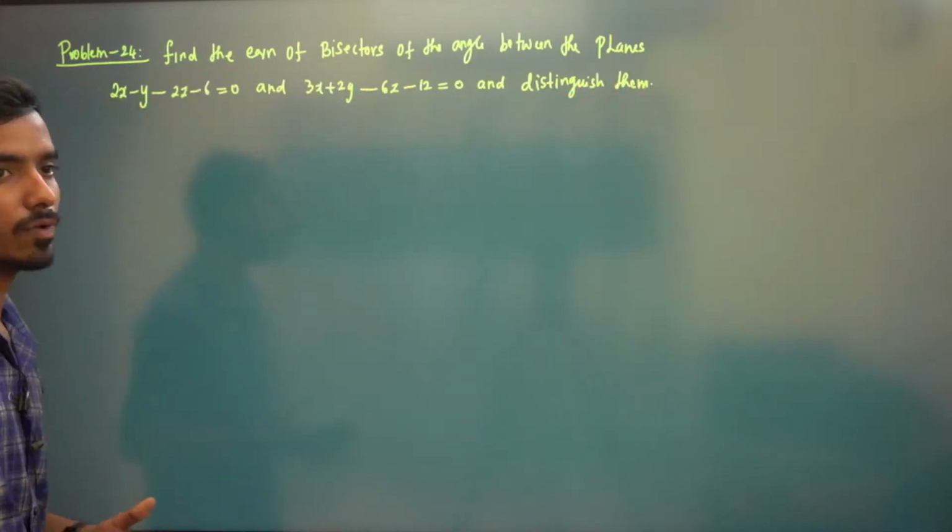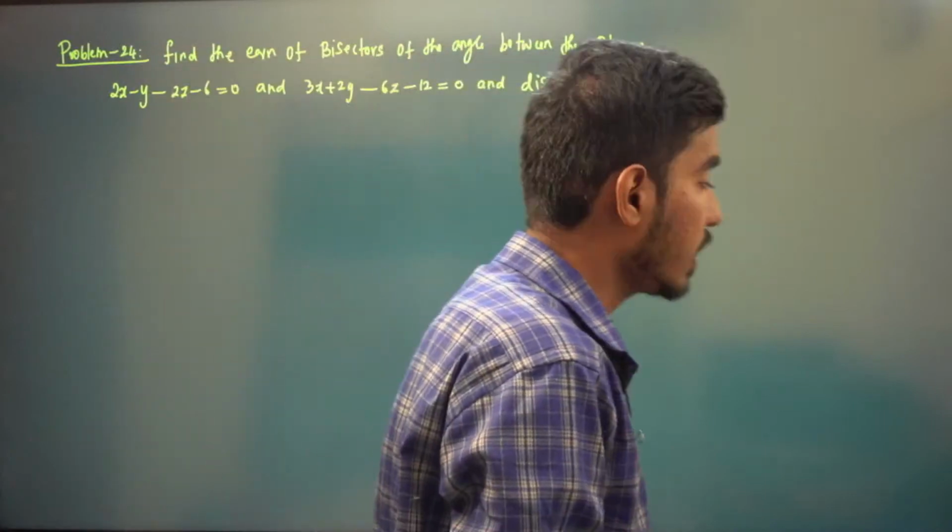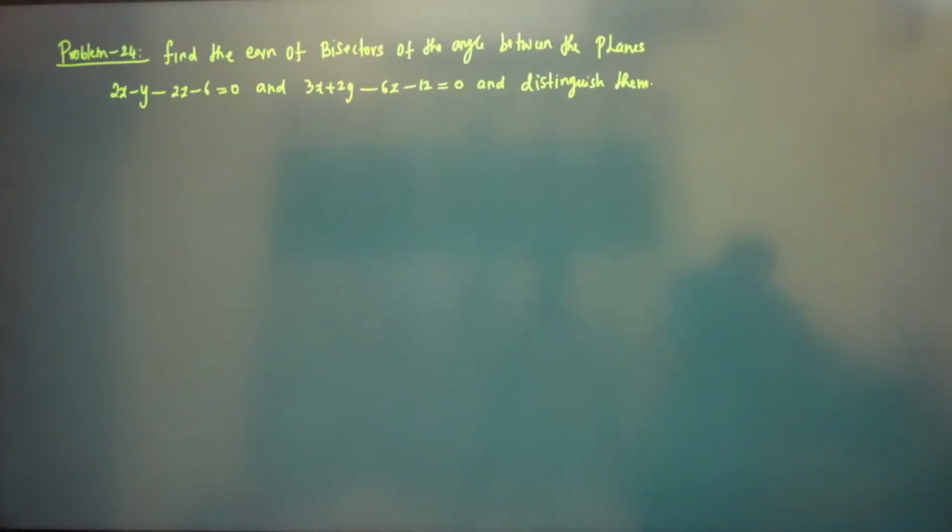This will be a question, right? So find the equation of bisectors of the angle between the planes and distinguish them.